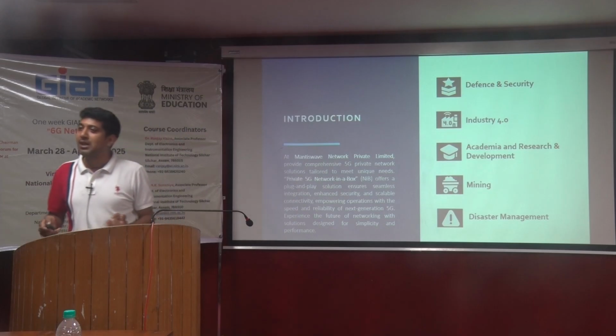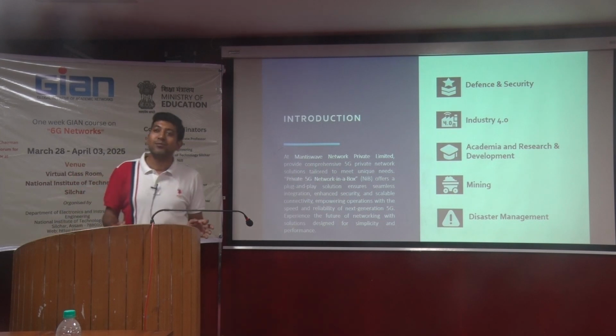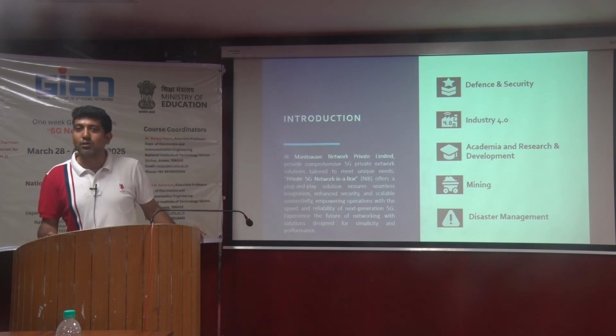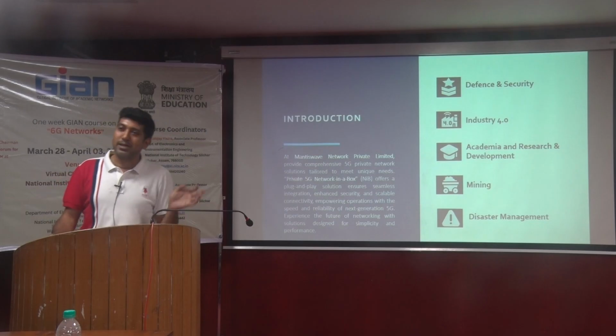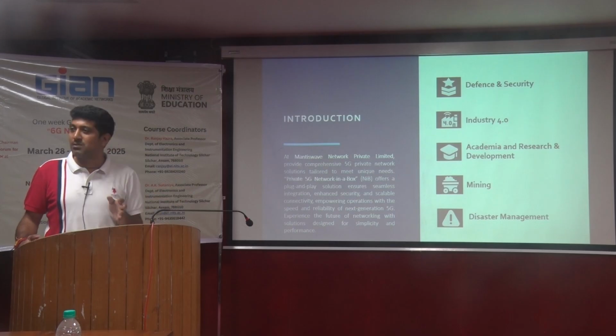Because in India, work on 6G is still at a nascent stage, and obviously having a 6G setup is very difficult at this moment. So what we have tried to do is that we have a 5G setup, as I told you, a new radio setup with a 5G testbed.